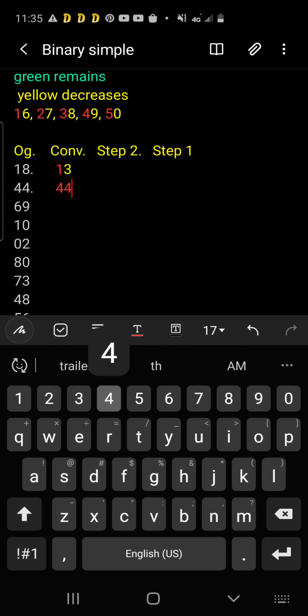The 1 is going to be a red 1. And the 0 is going to be a yellow 5. And the 2 is going to be a red 2.